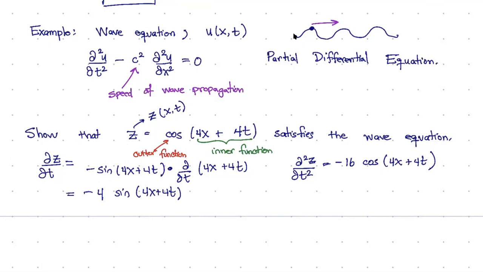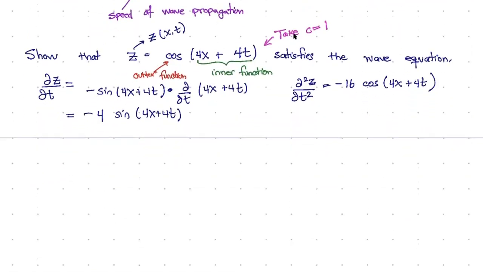And I forgot to mention in this problem, take c to equal 1. You can then do the second partial derivative with respect to x. We would do the derivative in very much the same way. You would take the derivative of the outer function, which again would yield a negative sine of 4x plus 4t.